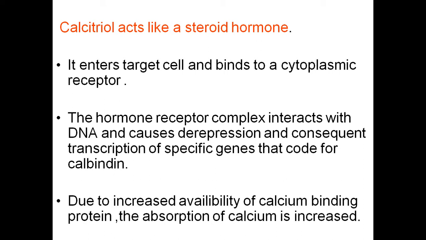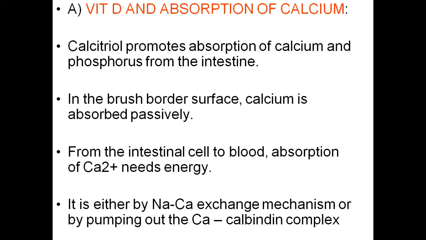It enters the target cell and binds to a cytoplasmic receptor, and the hormone receptor complex interacts with the DNA and causes de-repression and consequent transcription of specific genes that code for calbindin. This calbindin helps in the transport mechanism of calcium.